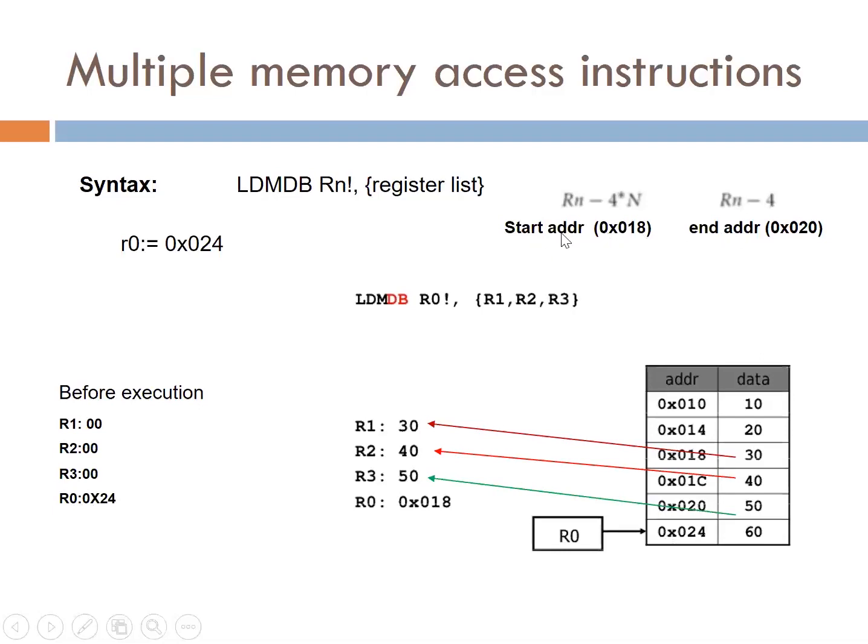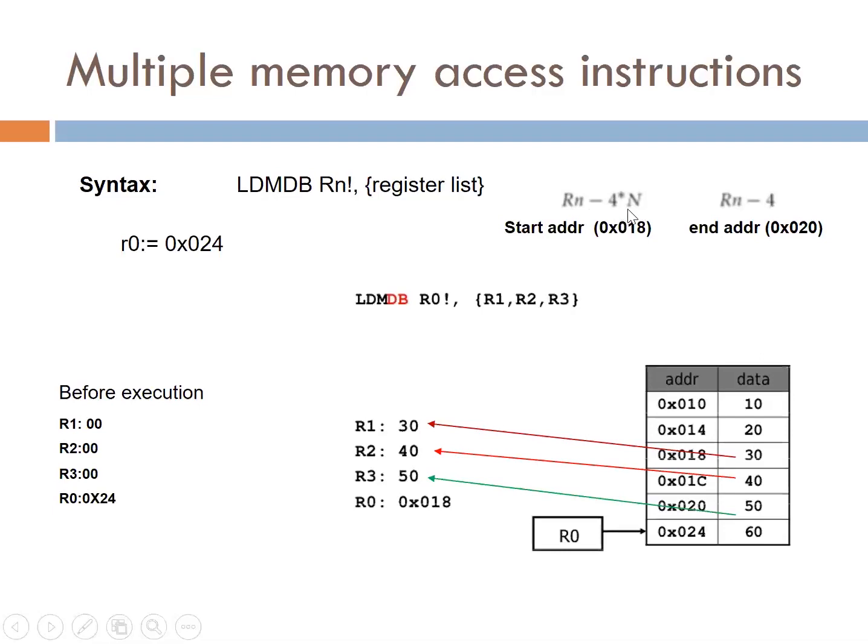Now let us calculate the start address and the end address according to the formula. What is the Rn content? The Rn content before execution, that is R0, is 24 in hexadecimal. 24 minus 4 into 3, that is 12. So 4 into 3 is 12, which is nothing but 0C.